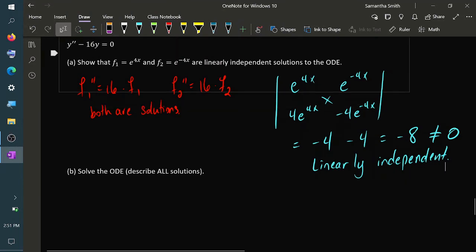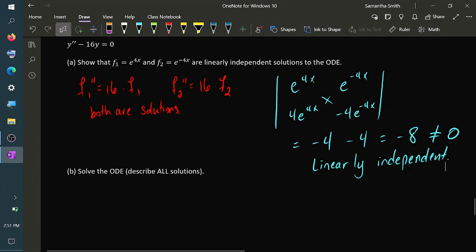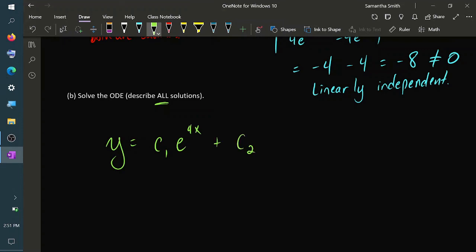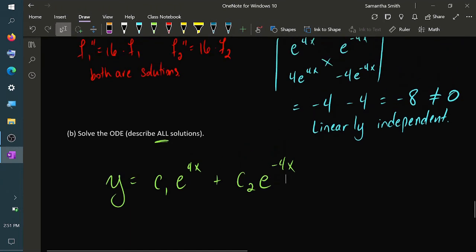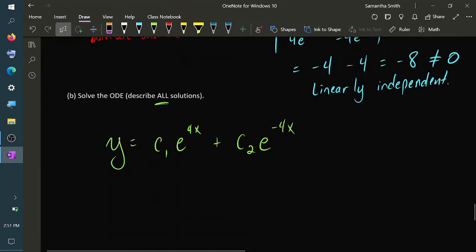So for my second order differential equation, now that I have two linearly independent solutions, I can describe all solutions. All solutions must have the form y is equal to some number times the first solution plus some number times the second solution. Absolutely every single possible solution to this ODE must have this kind of format, where C1 and C2 are real numbers.